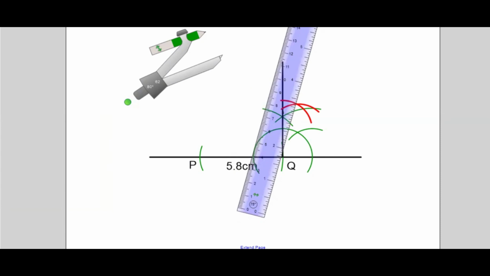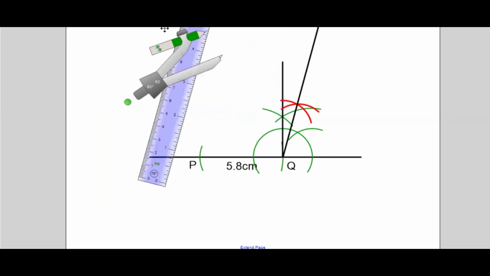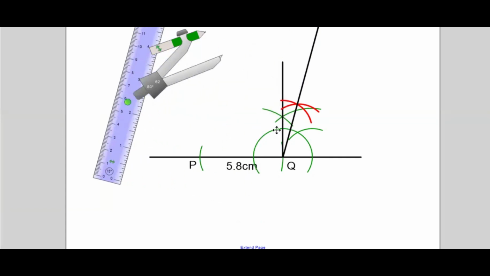So from here, I join line QR along the intersection of the red arcs. The angle from this place to this place is what we call 105 degrees. The angle is 105 degrees.